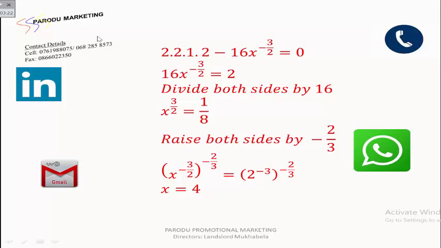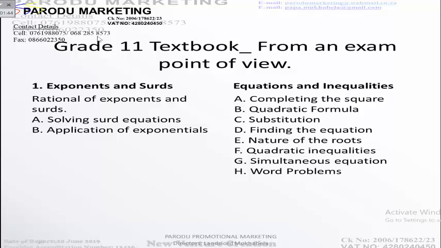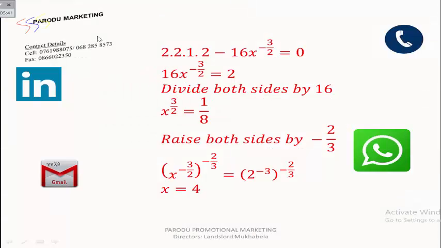Hopefully everybody didn't have any challenge with that question, as we are still linking it to the textbook. So we're looking at each and every question from a textbook's point of view, and each and every question from an exam point of view as well. We're taking everything from the textbook.